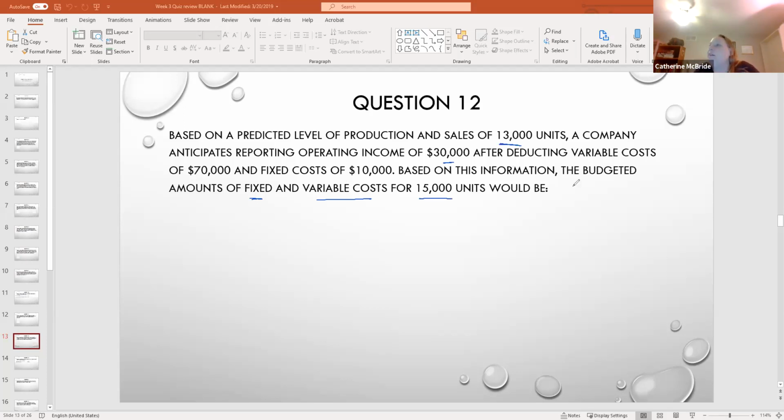Based on a predicted level of production and sales of 13,000 units, the company anticipates reporting operating income of 30,000 after deducting variable costs of 70,000 and fixed costs of 10,000. Based on this information, the budgeted amount of fixed and variable cost for 15,000 units would be what? Okay, so we have 13,000 units, and we're going to go to 15,000 units.